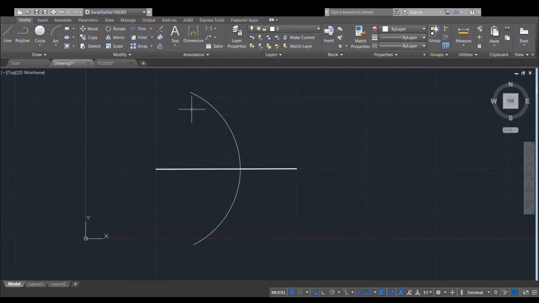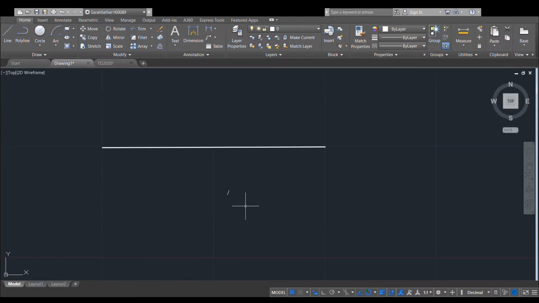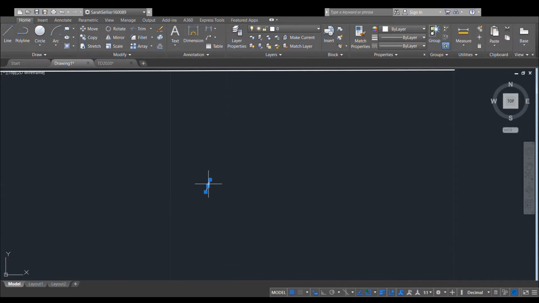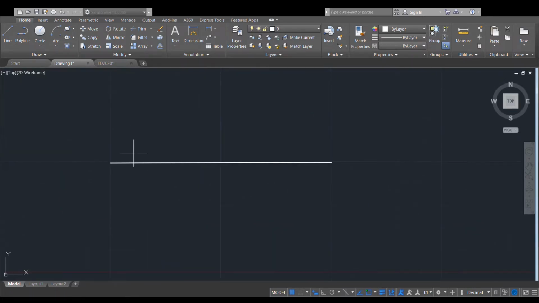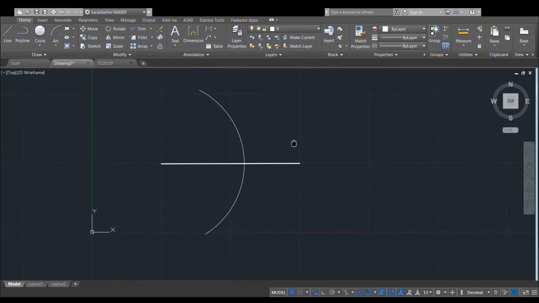You don't want too short an arc, because you want it to be able to meet the other arc at the bottom and the top of the line. If you don't understand what I mean, I'll show you in a second.